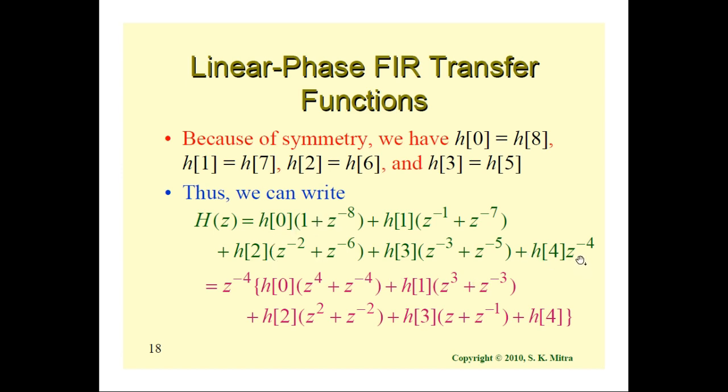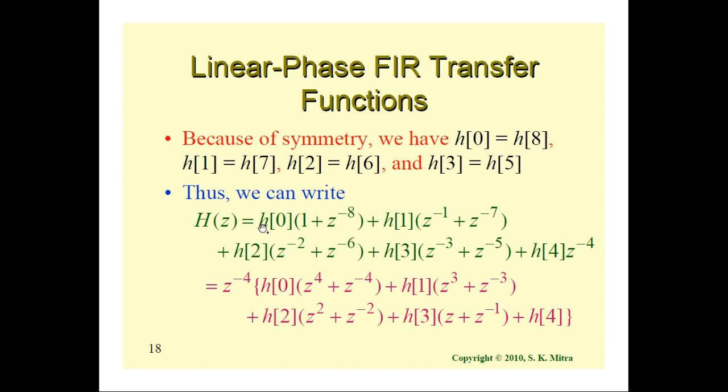Now we want a common multiple in terms of powers of z inverse. Therefore we select z power minus 4 as a common factor from each of these terms.